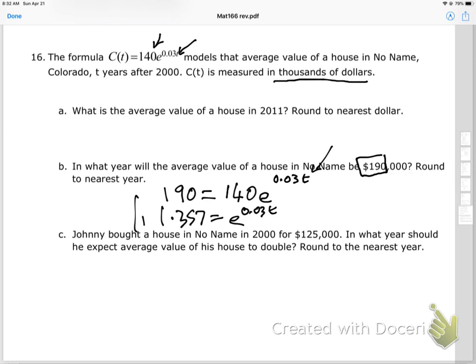Remember this, you log both sides. So the natural log of 1.357 is just 0.03t. If you natural log the e, the answer is just the exponent.